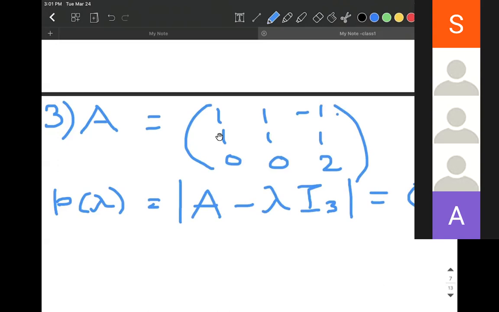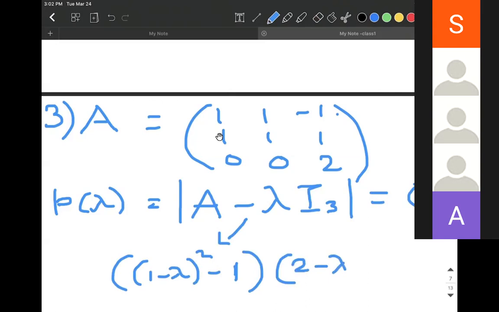Now, if you solve this equation, this will give the following equation. So 1 minus lambda square, I am not going into the details, times 2 minus lambda. So this is the determinant, and that should be equal to 0.